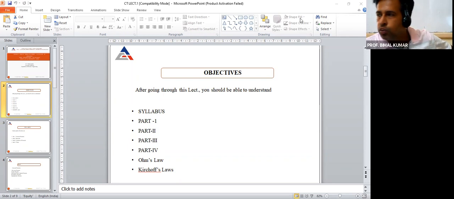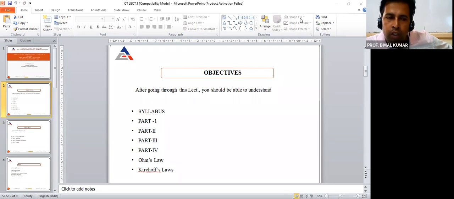Right? So designing means some equation will be given to you. From that equation we will have to design a network in terms of R, L and C, resistance, inductance and capacitance with their values. And analysis means all those values, R, L and C, are given, some voltage is given.